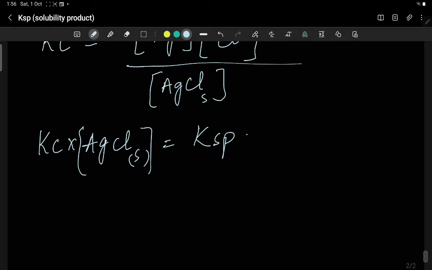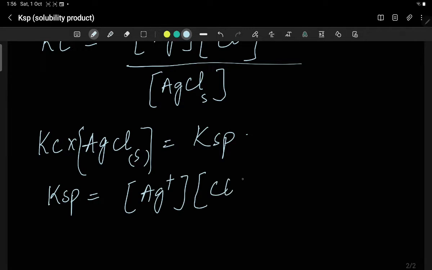So the Ksp expression now will be Ksp is equal to the concentration of silver ion and the concentration of chloride ion.